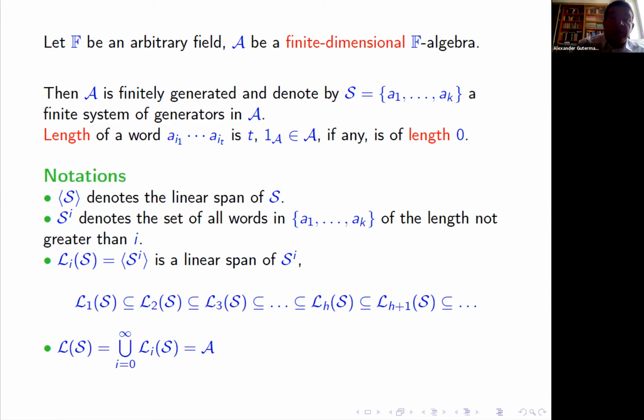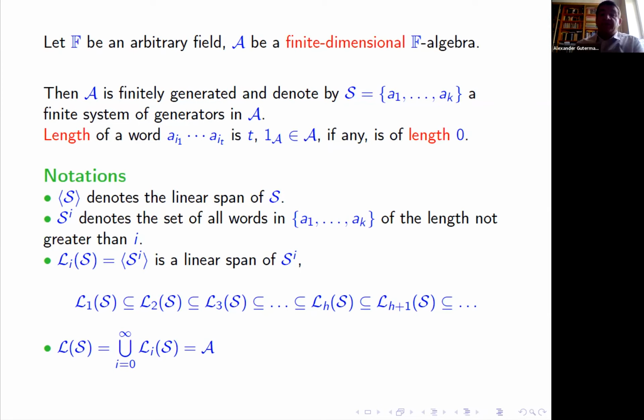We start from a finite dimensional algebra over a field, and of course it is finitely generated. So there is a certain finite system of generators S, with a1 up to ak; these are our generators. And we consider words in these generators.